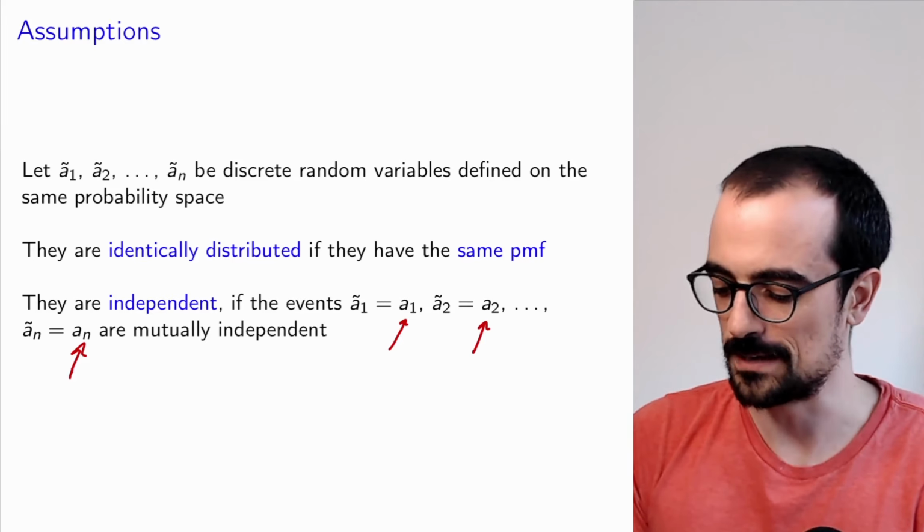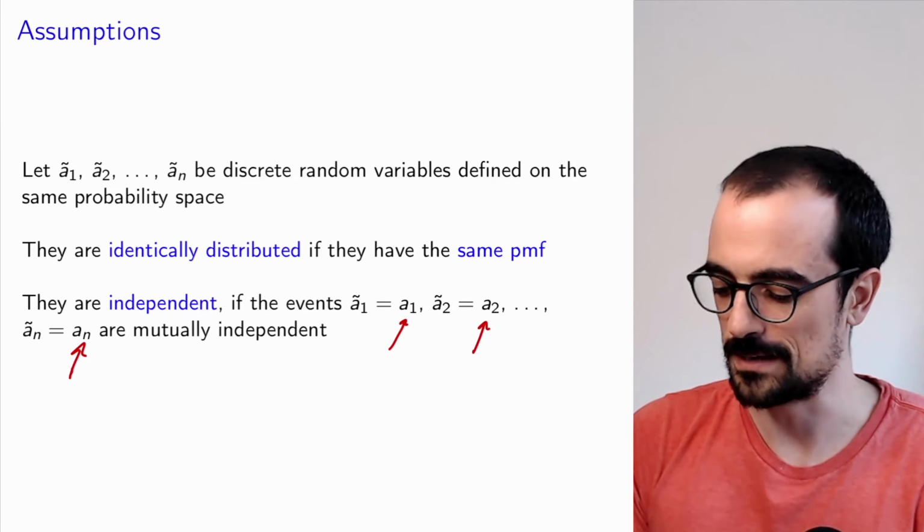As long as those events are all mutually independent, which basically means that it doesn't matter what the first data point is, the nth data point only depends on the PMF. It's equal to each of the possible values in the range of the random variable with a probability that is governed by the PMF independently from the other data points. This is a pretty reasonable assumption if you're trying to estimate a PMF from data.